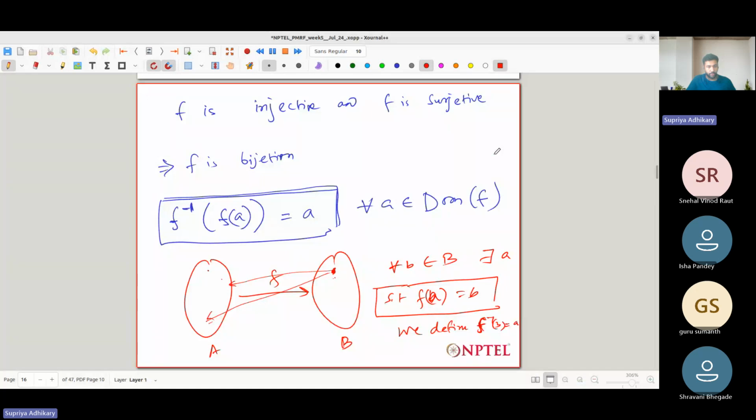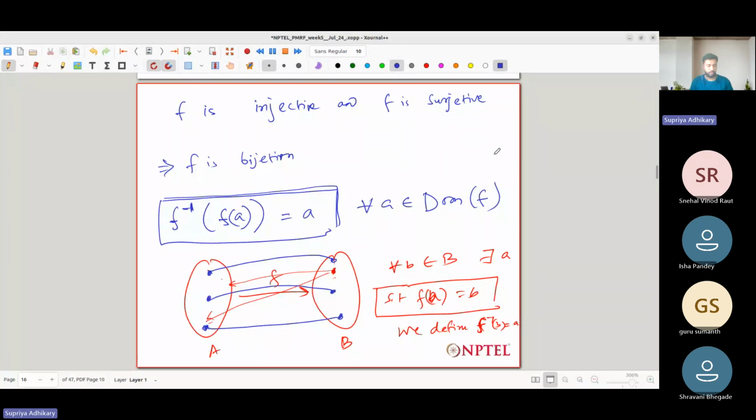For two different elements in the domain set, it was mapping to two distinct elements in the codomain set. So if we consider any element in the codomain set and traverse back to the domain set, that would be the unique element that was assigned to this element B.